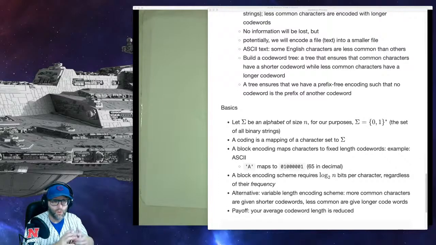Whereas, suppose that one of those letters represented 99% of your entire file, you could represent that with 1 bit, and then all the other characters, you could represent with, say, 4 bits, right? So some of the characters are going to end up being longer code words, but the payoff is that 99% of them can be encoded with only one single bit. In fact, if it's that skewed, then there are better ways of doing it.